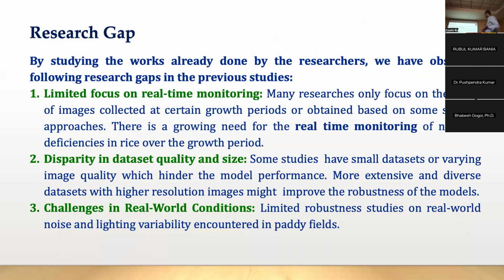Then from the studies, we have found some research gaps. The first one is limited focus on real-time monitoring. Most of the models are designed for experts or for scientific studies and experiments. The systems are not developed for providing real-time solutions to the farmers or the growers.